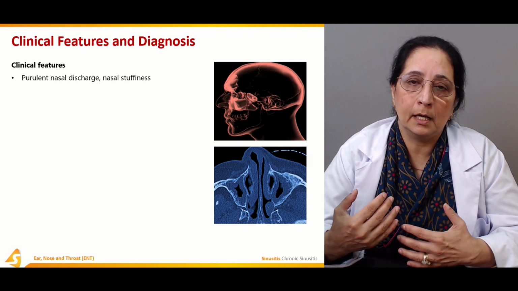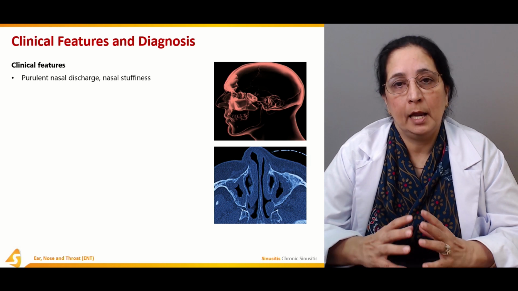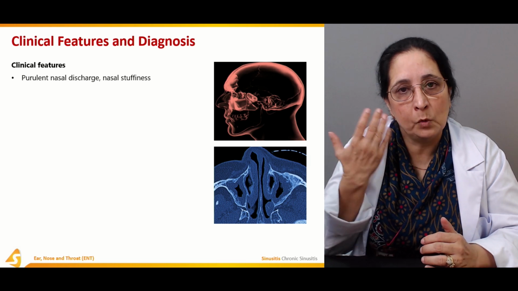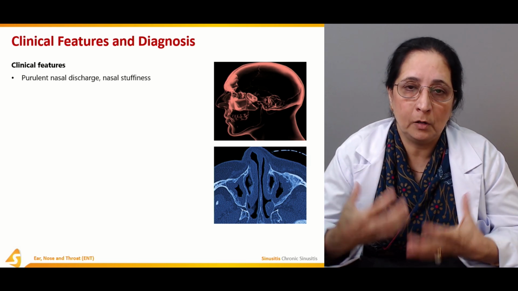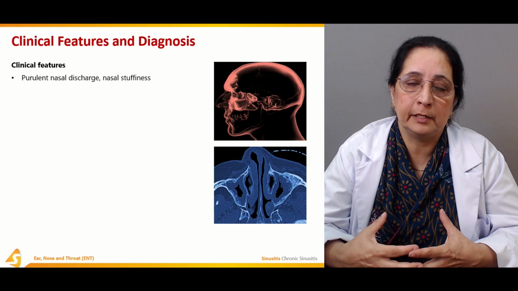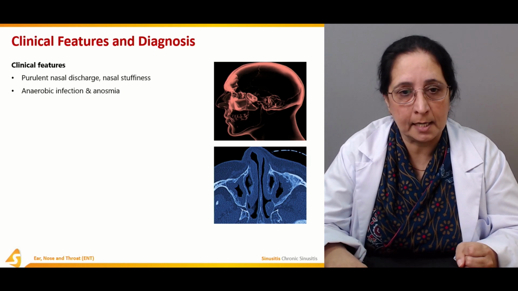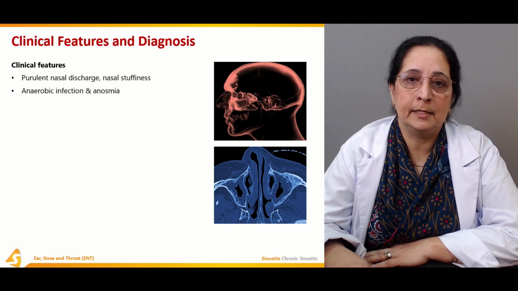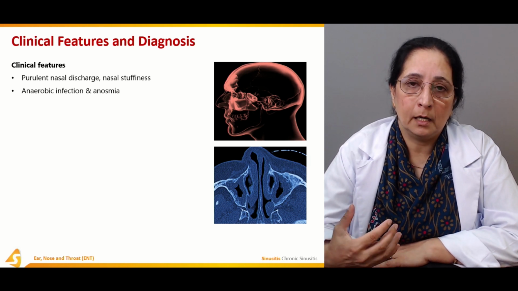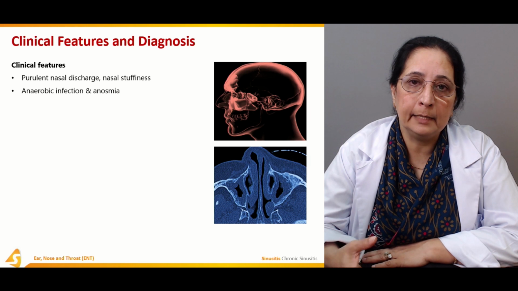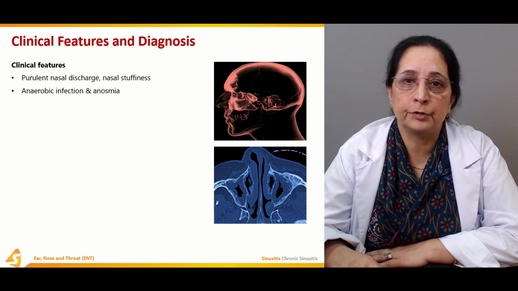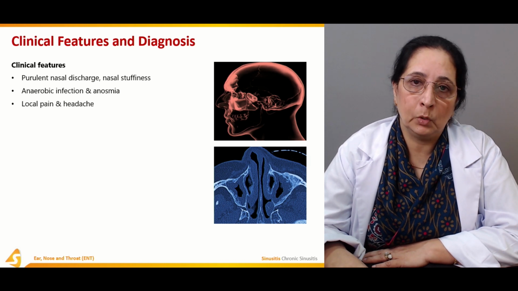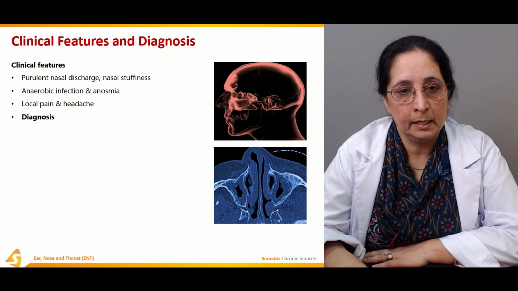Now there is purulent discharge, pussy discharge from the nose, and there is more nasal stuffiness because of the retention of the secretion present in the sinuses. Anaerobic infection occurs, and there is anosmia, lack of smelling ability, because of the obstruction of the nose. There is local pain, and headaches are common.